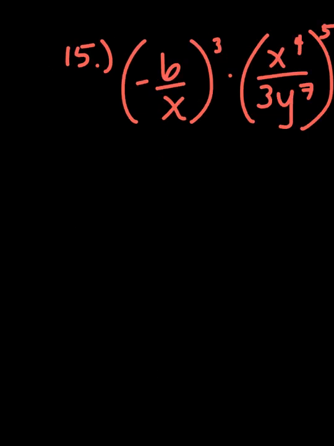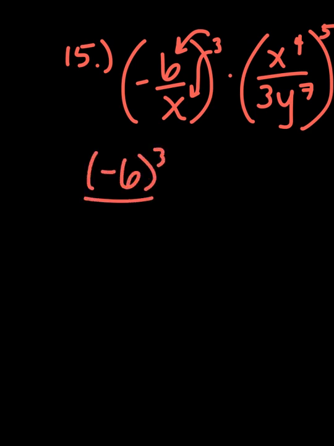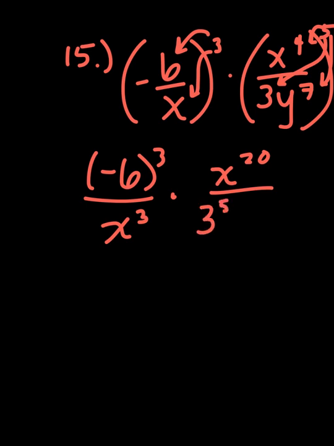And then the last one, I'm going to have to give the power into the parentheses for two different problems. So I give the power of 3 into this quotient, giving me negative 6 to the third over x to the third times, if I give the power to the x to the fourth and the 3 and the y to the seventh, I get x to the 20th, 3 to the fifth, y to the 35th.